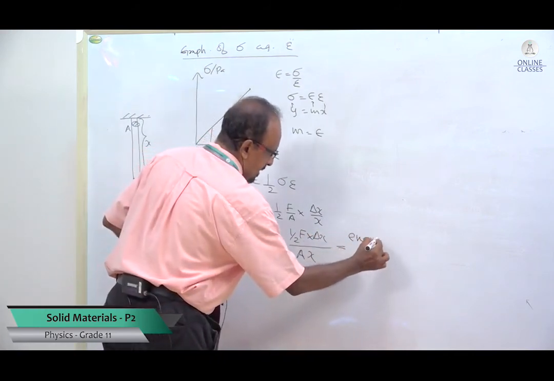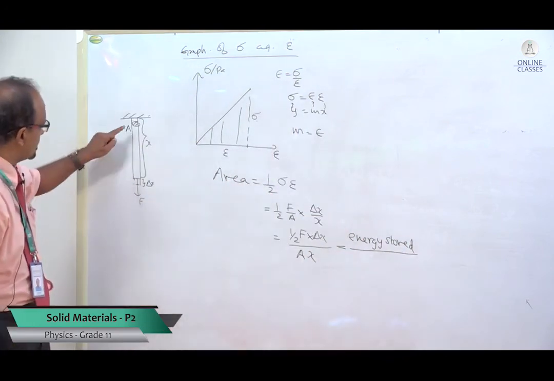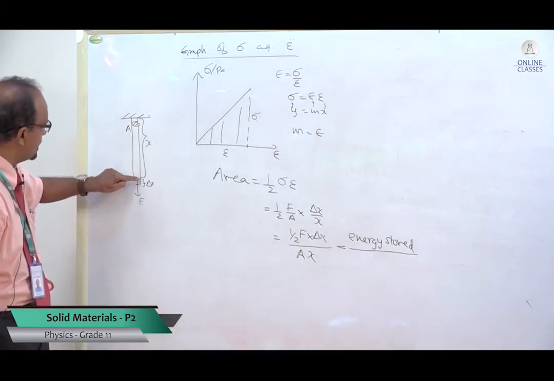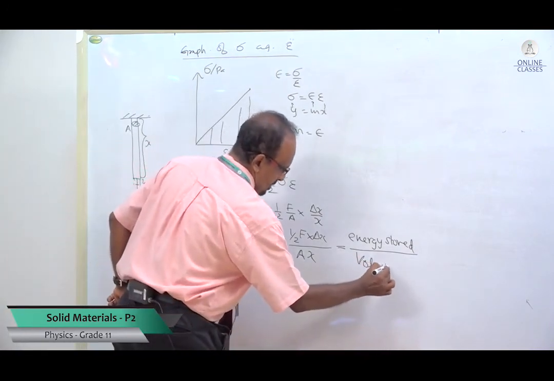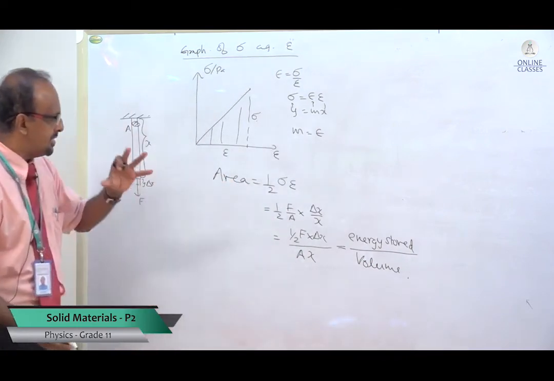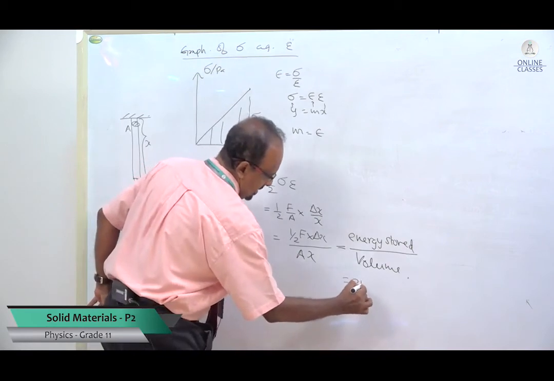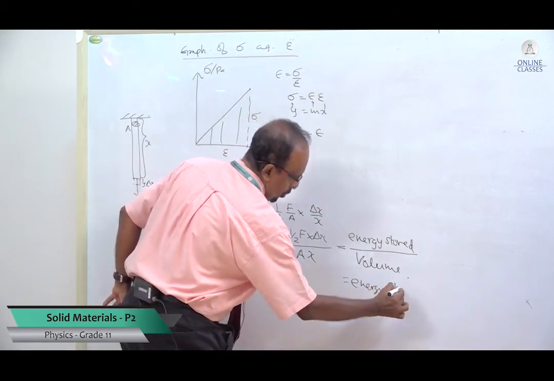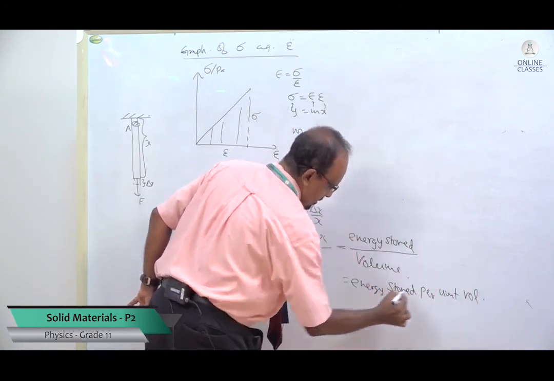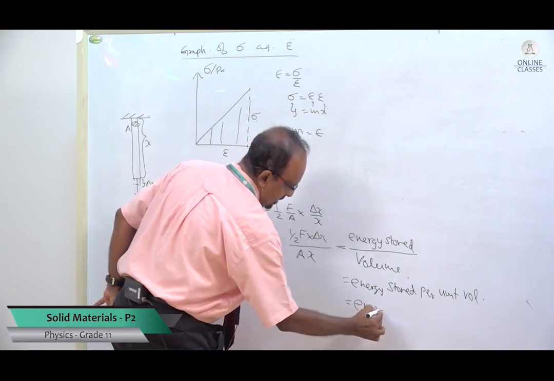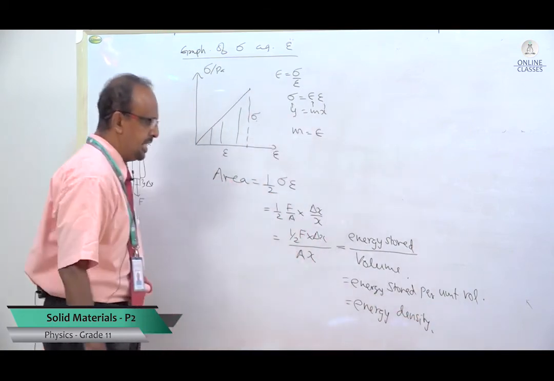Divided by A into x, cross-sectional area into length, gives volume. So the area gives energy stored per unit volume, which we call energy density. So the area under the graph gives energy density.